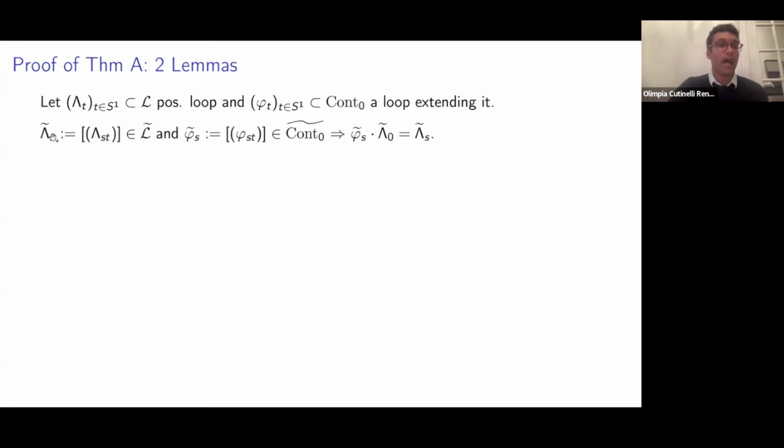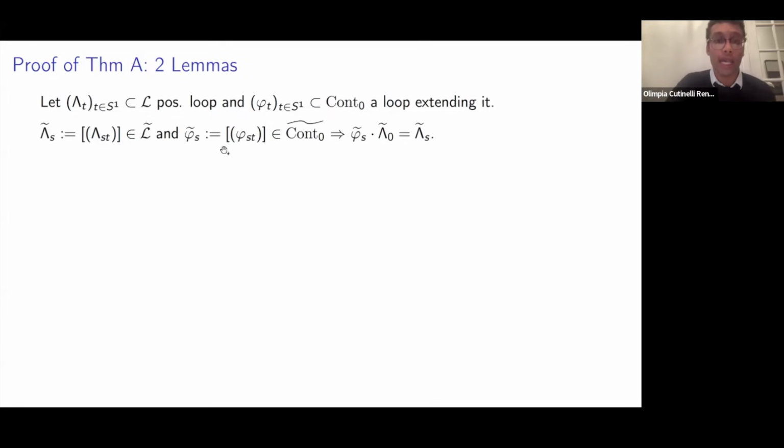Then some notation: I will denote by lambda tilde s the lift of the Legendrian isotopy lambda st. So s here is a fixed real number and t goes from 0 to 1. You take lambda st and then you lift it to the universal cover.